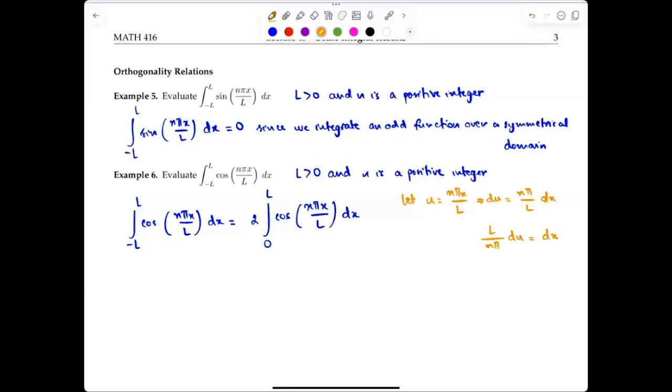Now, because you make a change in variable, you also have to make the change in the limits of integration. So I'm going to make a table here. I have two columns. One is for x, the other one is for u. When x equals 0, u equals 0. This is the relationship right here.